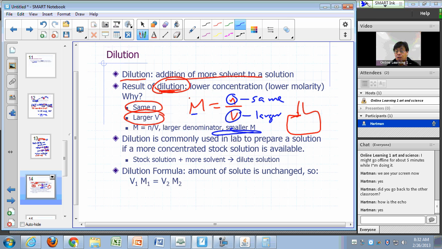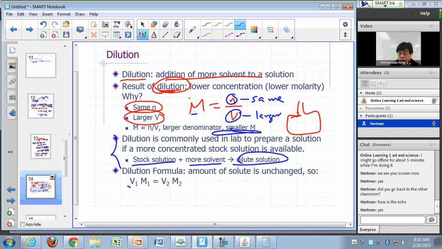Okay? So dilution is commonly used in the lab to prepare a solution if a more concentrated solution is available in stock. So the idea here is you have a stock solution in the lab, and then you add more solvent to it, you get a more dilute solution. Like we said, in dilution, the number of moles doesn't change.